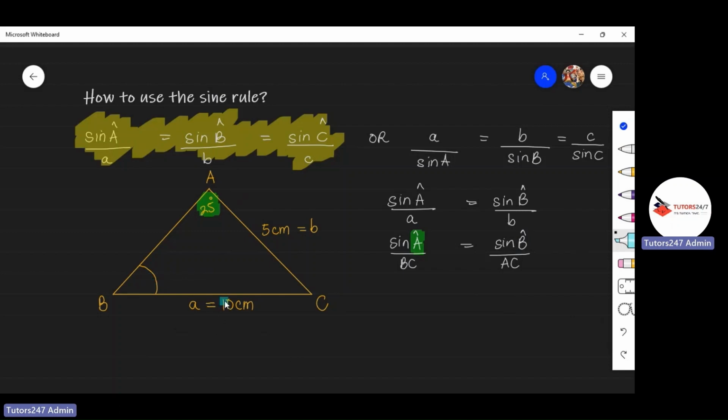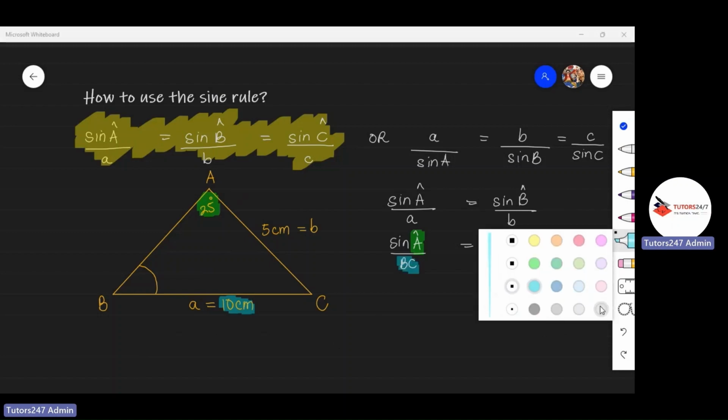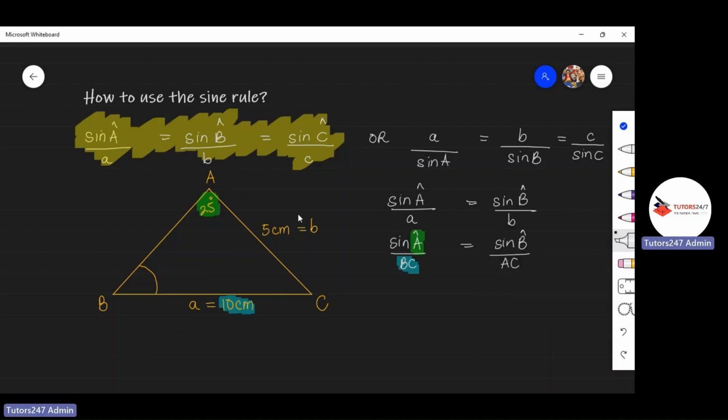We know that BC is given as 10 centimeters, whereas side AC is given as 5 centimeters.